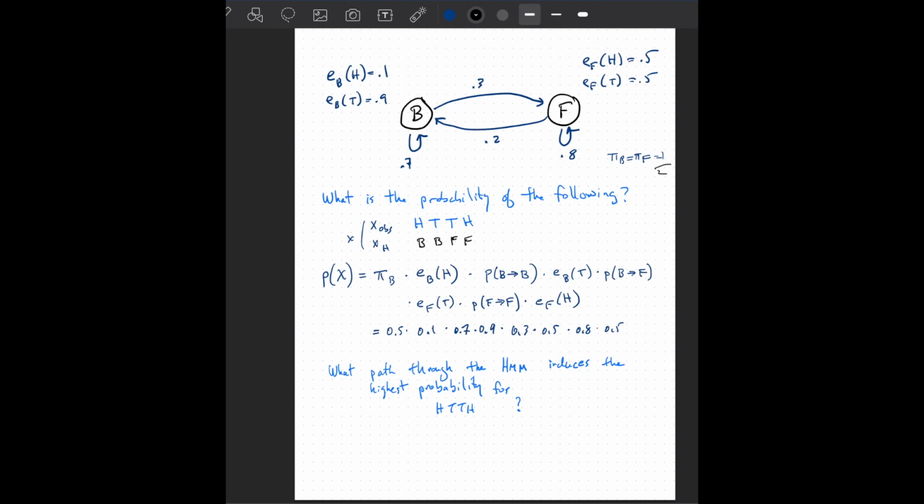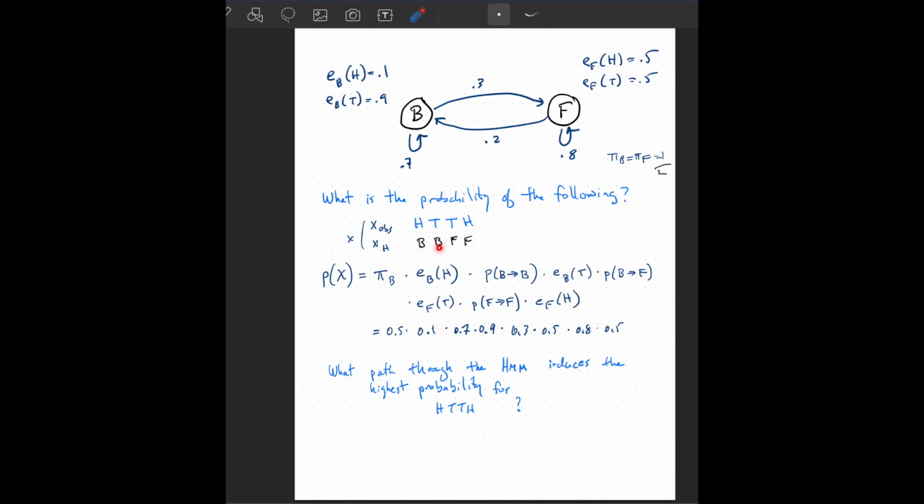Now, she started in the biased coin, and then she emitted a heads. What is the probability of emitting a heads using the biased coin? That's 0.1. So the emission of H with the B coin is 0.1.